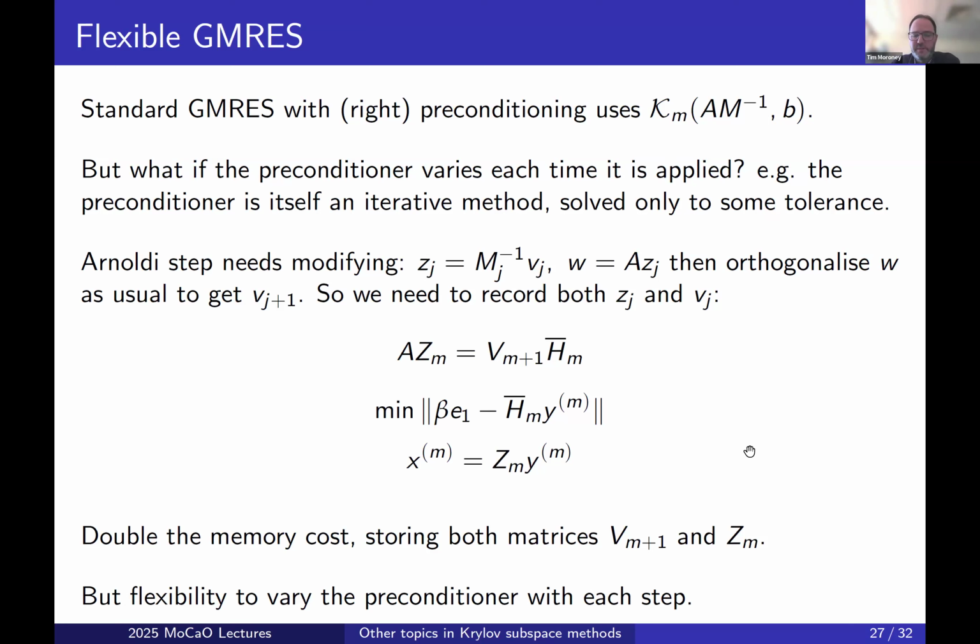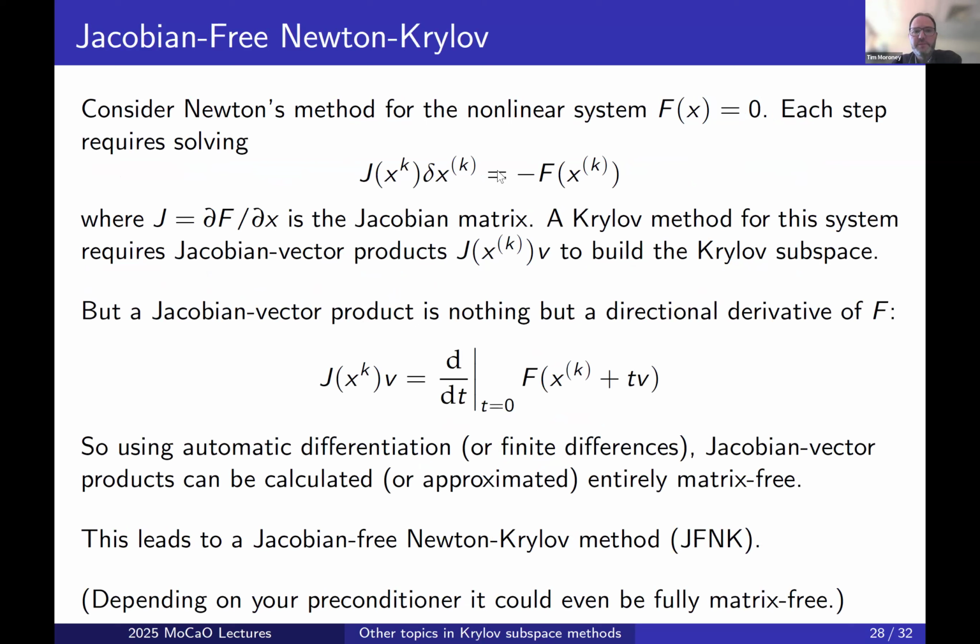And just very finally, for nonlinear problems, all right, so you've got a Newton solver to solve f of x equals 0. Each step would have you solving a linear system involving the Jacobian. And, well, what could be more natural than to try a Krylov subspace method?